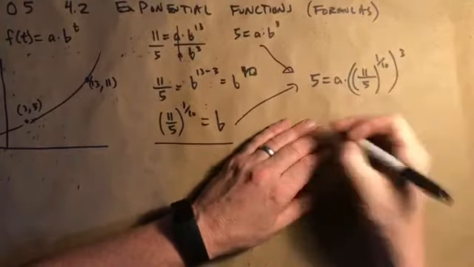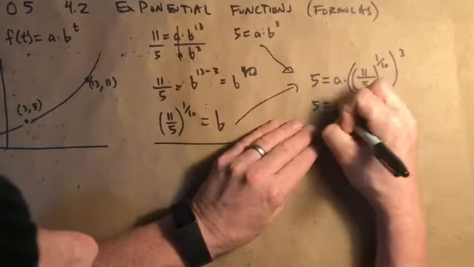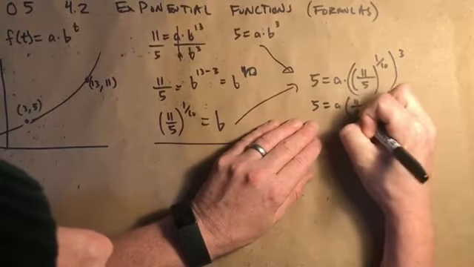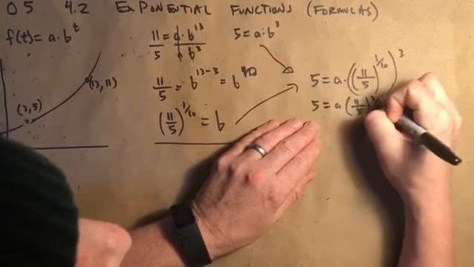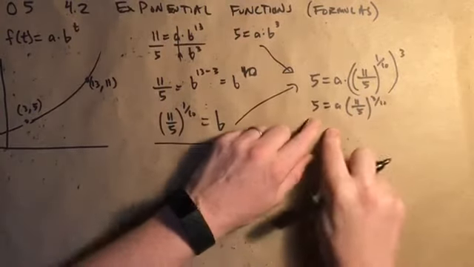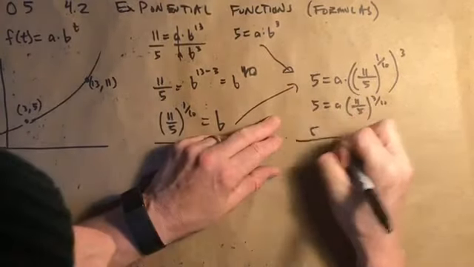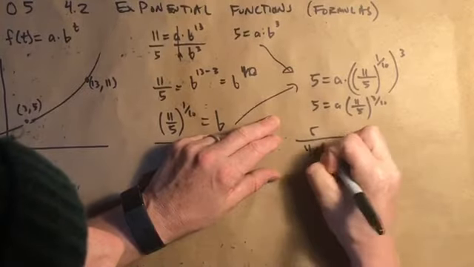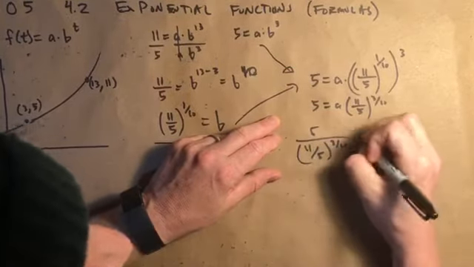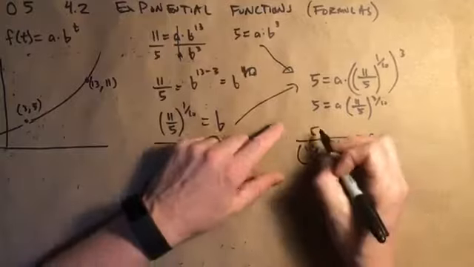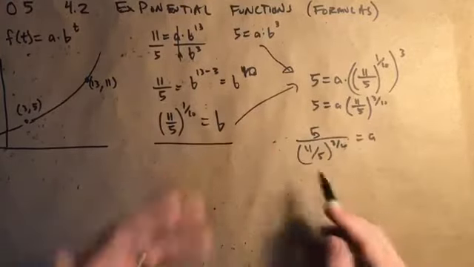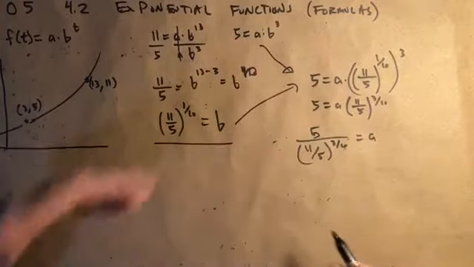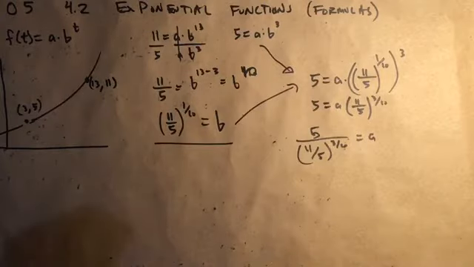Now I can clean this up. This is equal to 5 equals a times 11 over 5 to the 3/10 power, and I can divide by that so that 5 over 11 over 5 to the 3/10 power equals a. And I know some of you probably want to express that with a negative exponent, and you can do that. That's between you and your God.